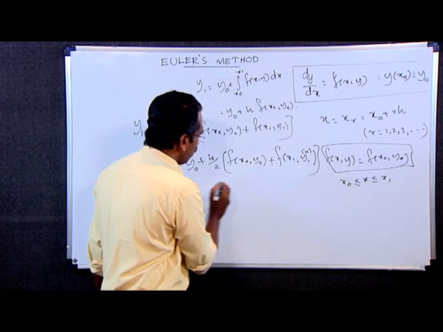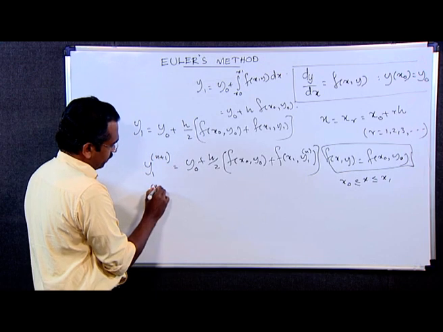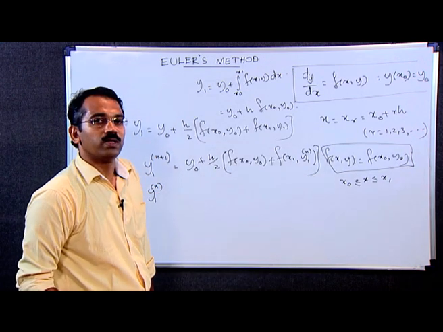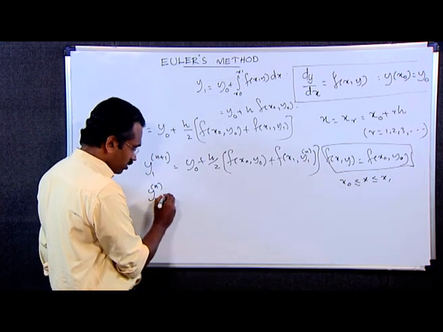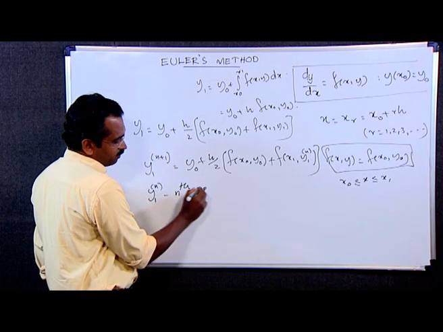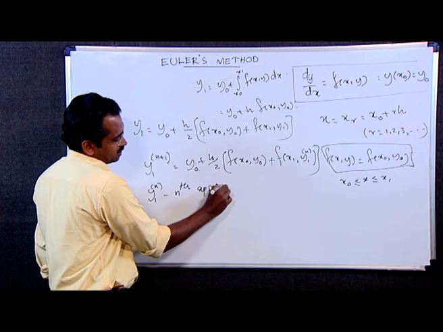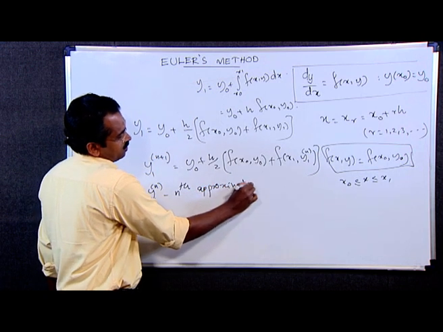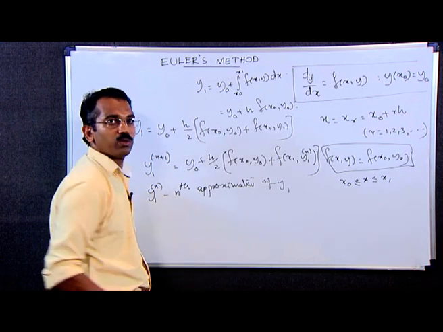where this y1 (n) denotes the nth approximation to y. y1 (n) means nth approximation of y1.